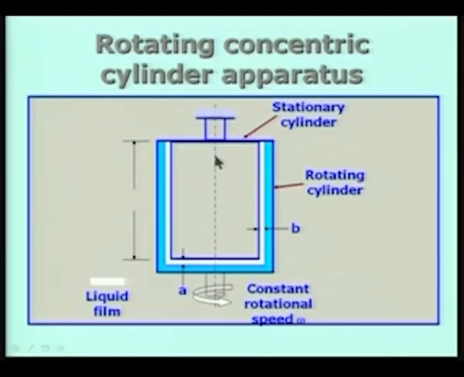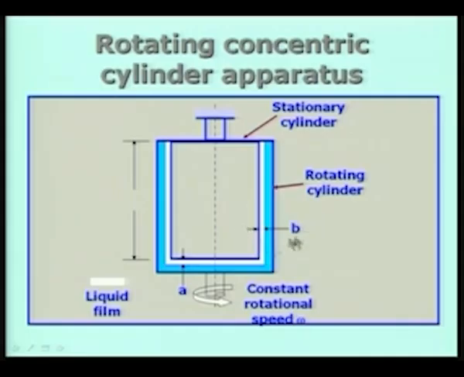So this is the stationary cylinder, and there is a rotating cylinder, and between the stationary cylinder and the rotating cylinder there is a small gap B. Of course, at the bottom also there is a small gap A, and this outer cylinder is rotated at a constant rotational speed omega. The white patch here is the liquid film, marked here as this white region in between the outer cylinder and the inner cylinder.